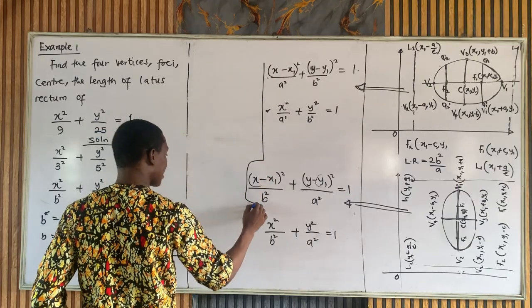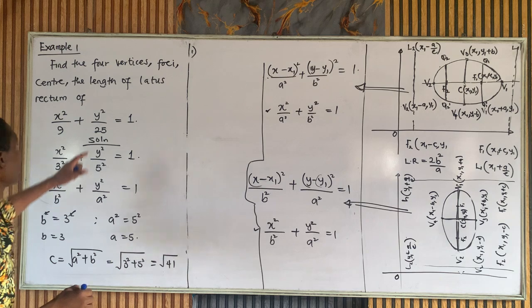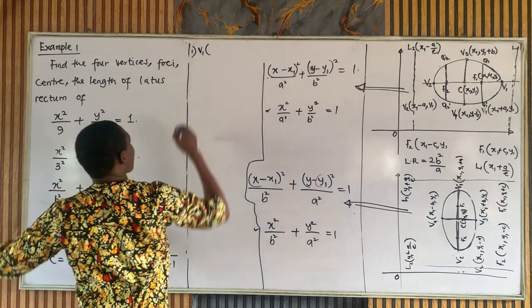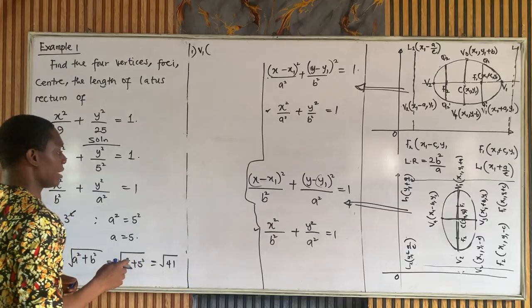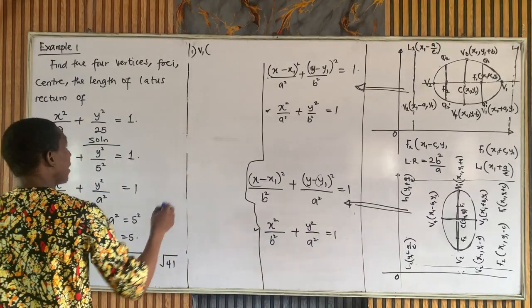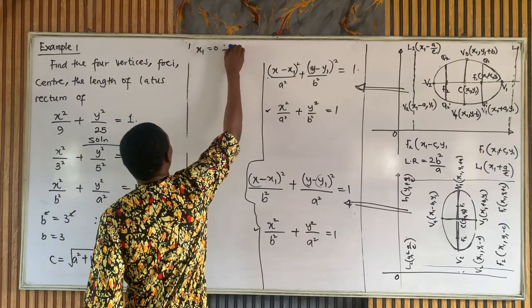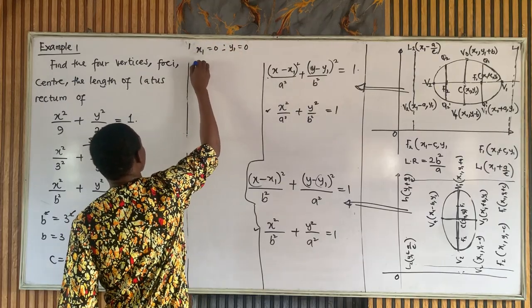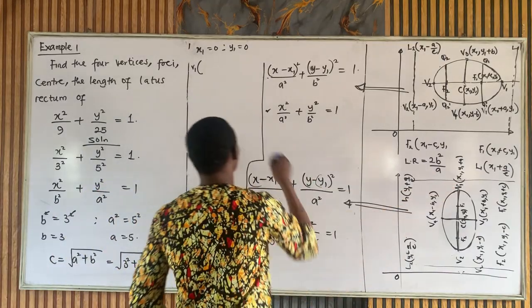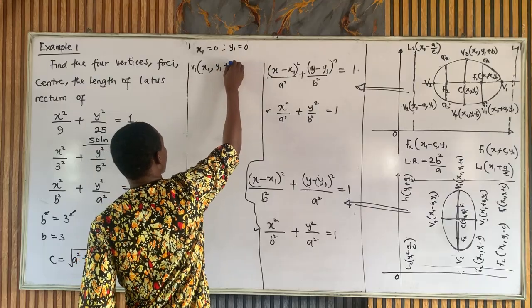Now first we are asked to get the vertices, our V1. Since the center is at the origin, again, x1 is 0 and y1 is 0. So let's go with our vertices now, V1. Remember, this is x1, comma, y1 plus a.